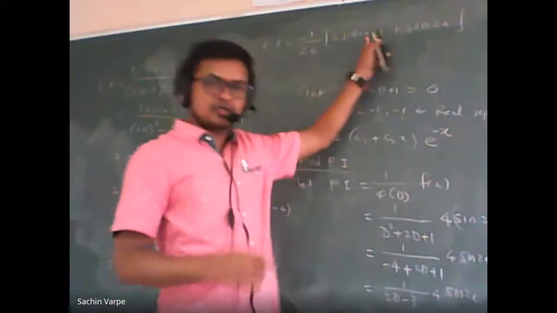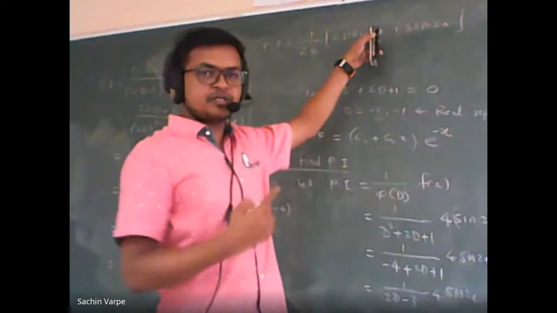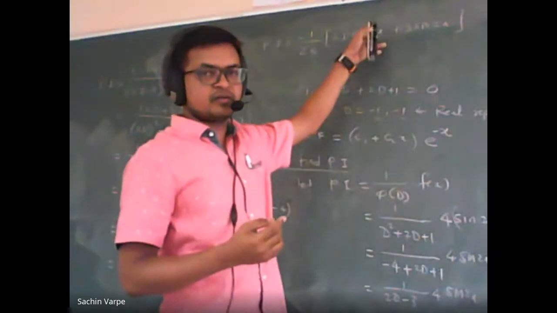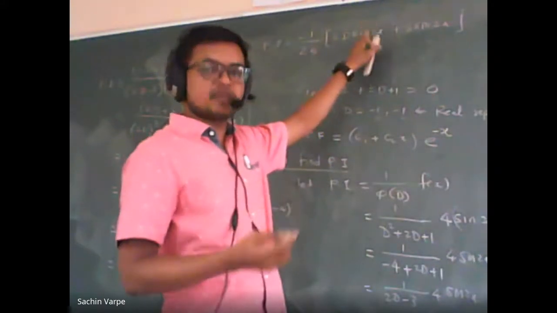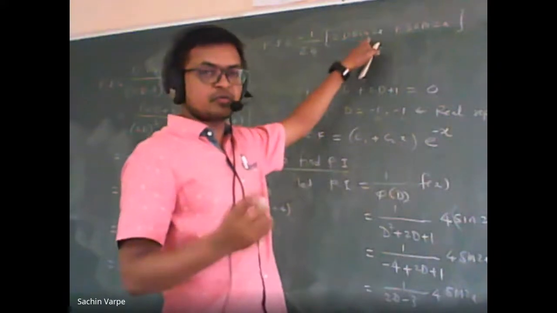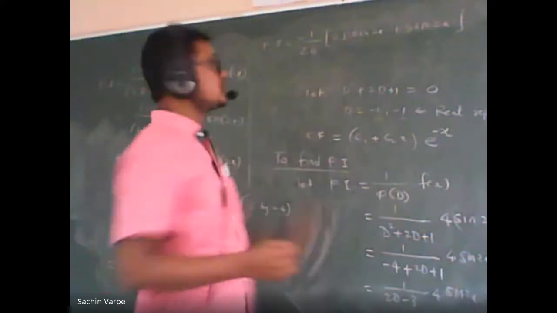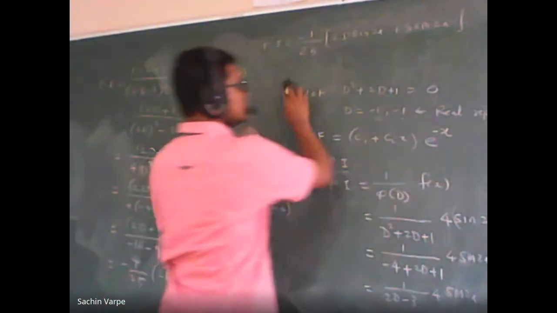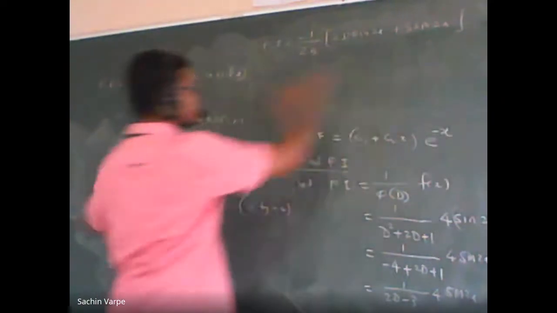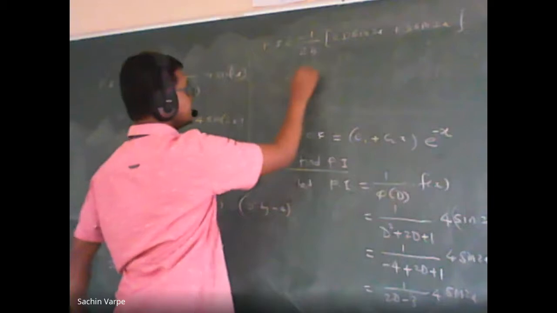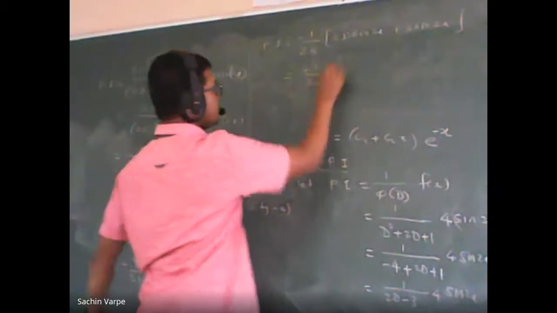But d of sine 2x is what? What is d? D is the differential operator. D of some function means derivative of that function, isn't it? D is d by dx, if you remember. D is d by dx, derivative with respect to x. So that means we are taking d of sine, means we are differentiating sine. Minus 1 by 25 into 2.